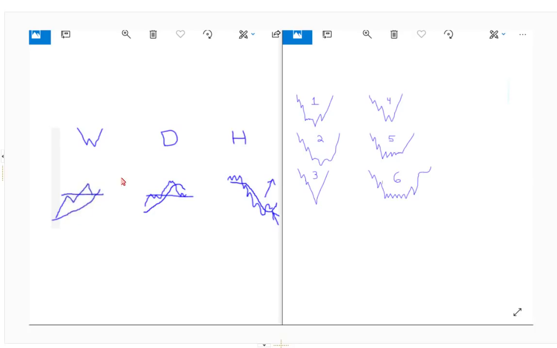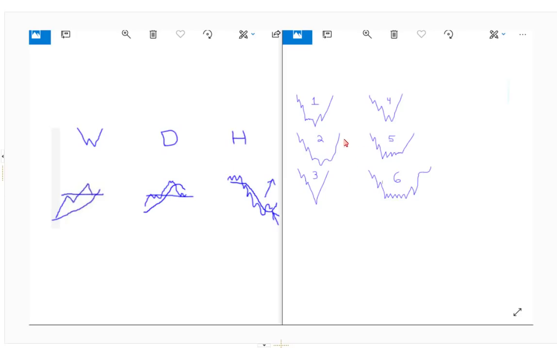We see the pullback here, rising 20-period moving average, the daily setting a double bottom at that minor support area, and looking for the hourly inverted head and shoulder pattern to start forming, and looking to get in on that first higher low pullback. Try to get in on the first sign of the trend change on that lower time frame. Okay? So I just wanted to kind of combine that.